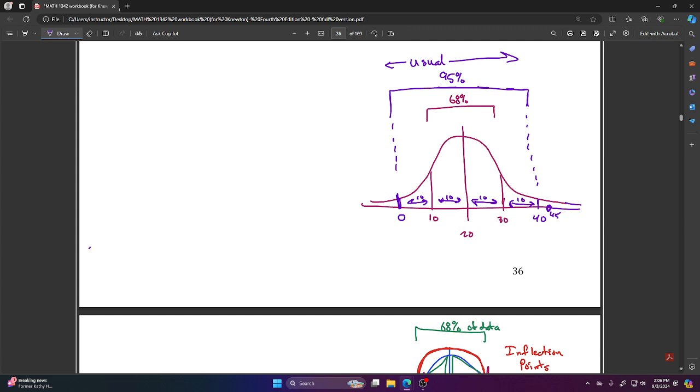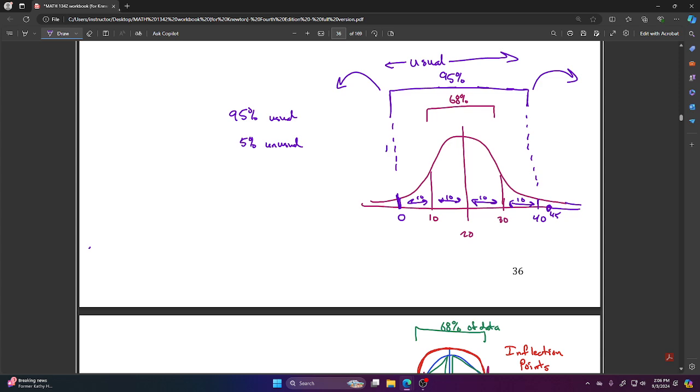So what would be the people that are not normal? What are the people that are unusual? What percentage? 5%. So I'm going to say 95% are usual, but then 5% are unusual. And they're going to be in these two zones over here.